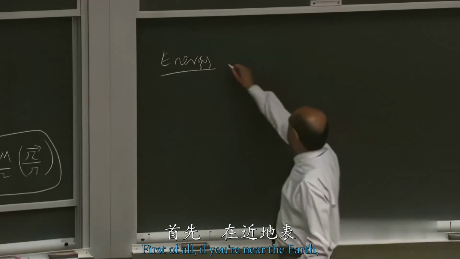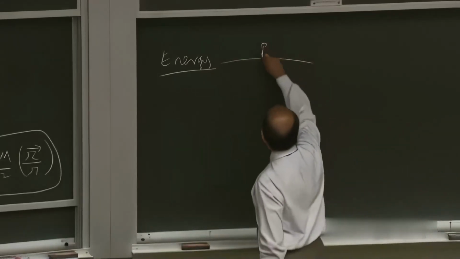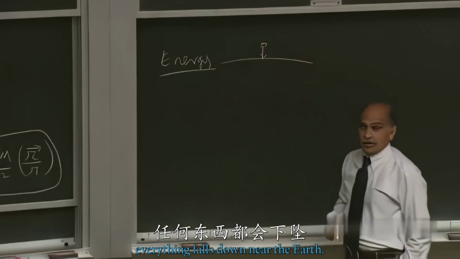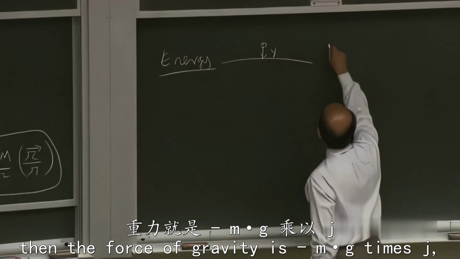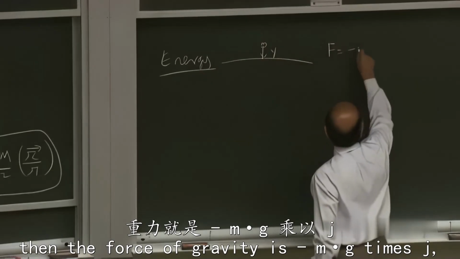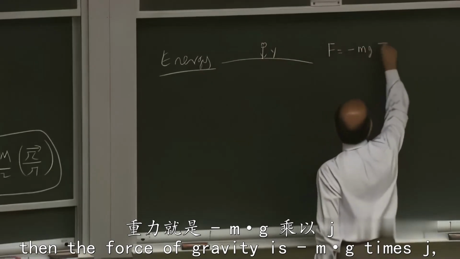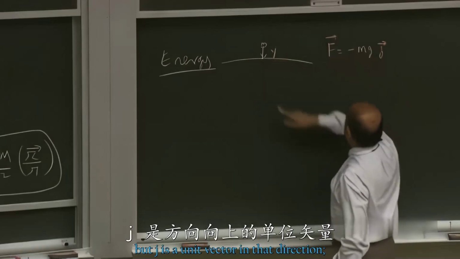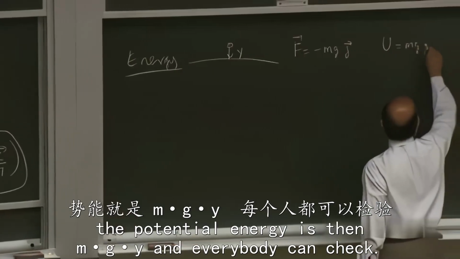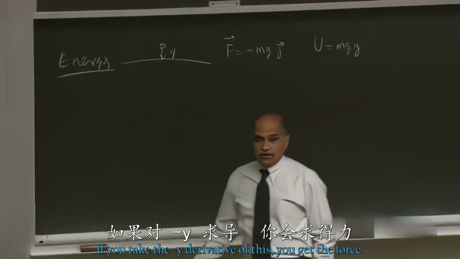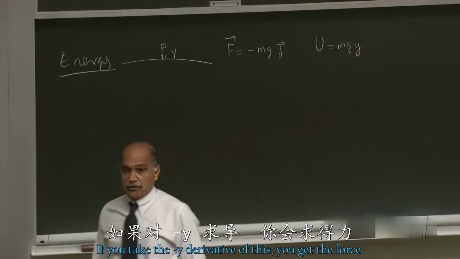First of all, if you're near the Earth, everything falls down near the Earth. If that height is y, then the force of gravity is minus mg times j, where j is the unit vector in that direction. The potential energy is then mgy, and everybody can check that if you take the minus the y derivative of this, you get the force.